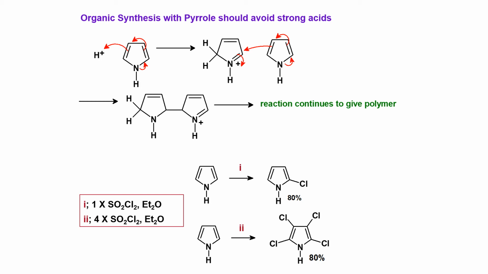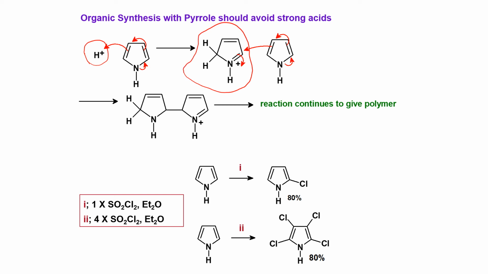During organic synthesis with pyrrole, we should avoid strong acid. We know strong acid readily releases a proton, so the proton acts as an electrophile. This proton will attack the carbon-carbon double bond of pyrrole, and after electrophilic substitution this type of compound will be produced.